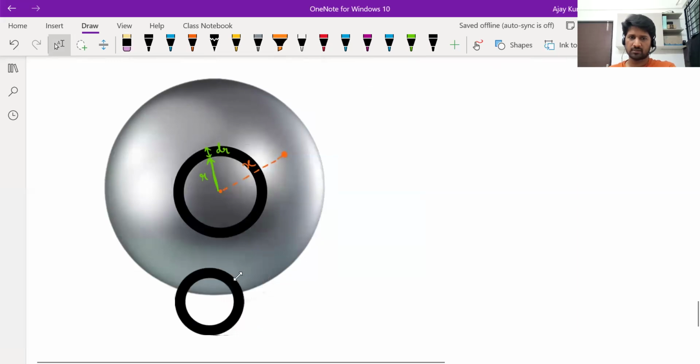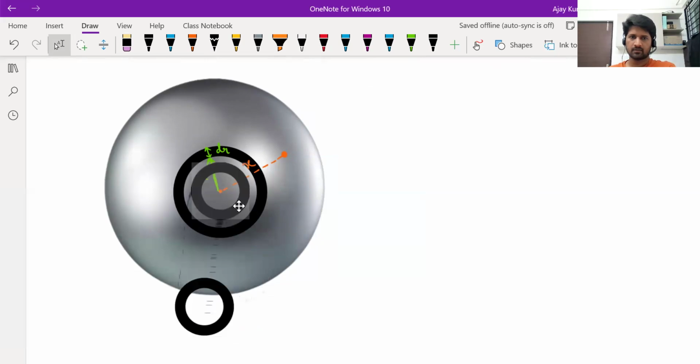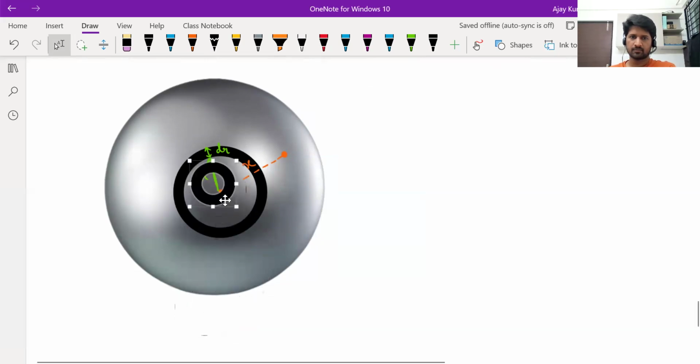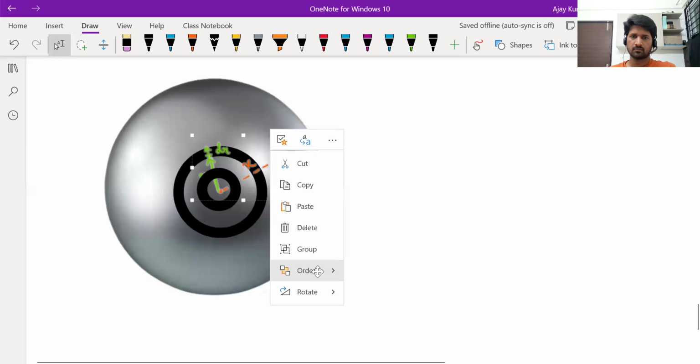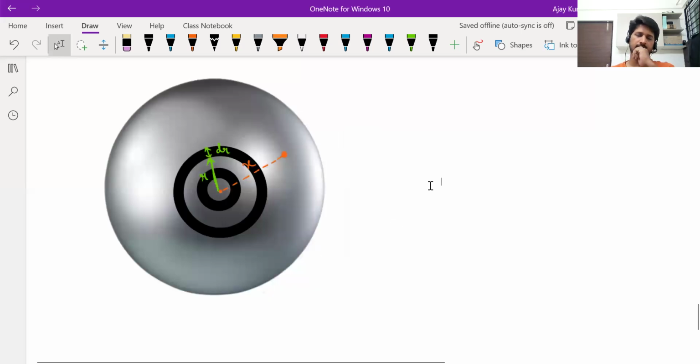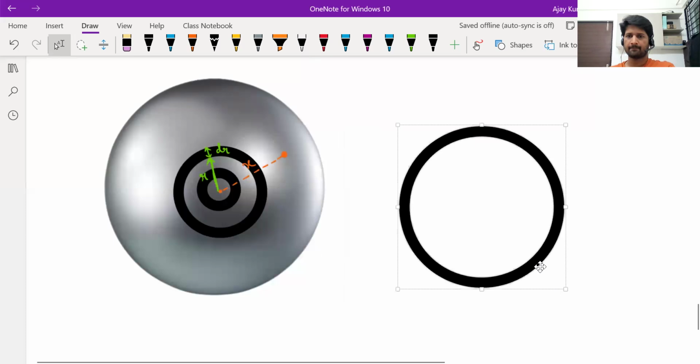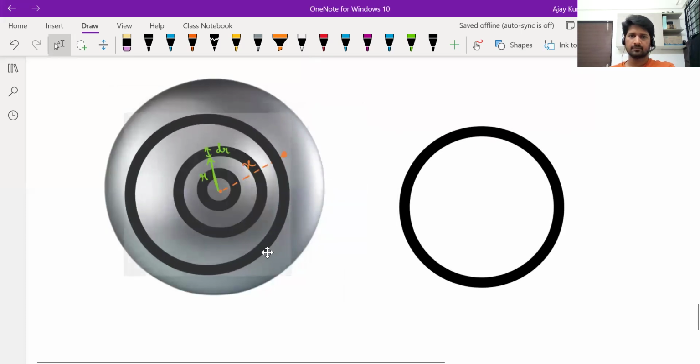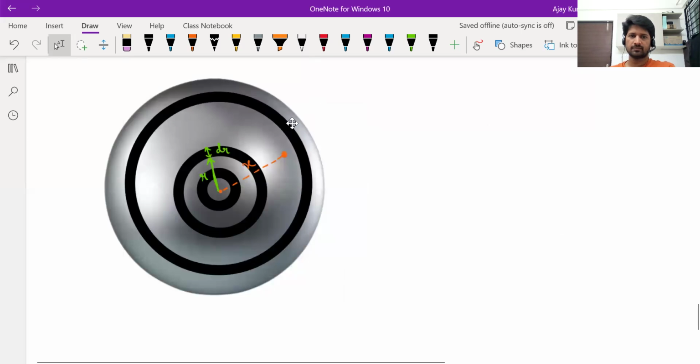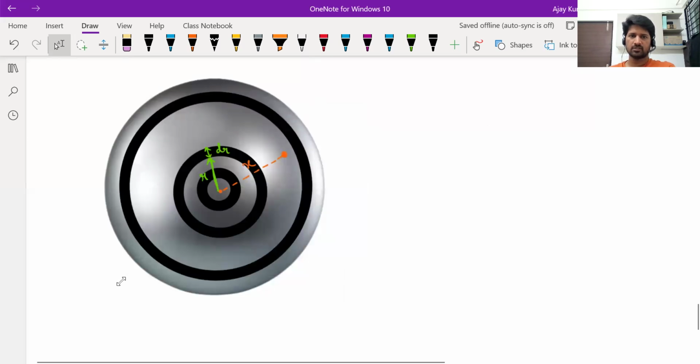Let me take a smaller one, much smaller one, like this. And I can take a much bigger one also, somewhat like this. Okay, so the solid sphere is a collection of many hollow spheres like this.